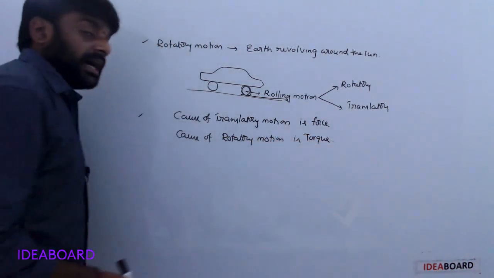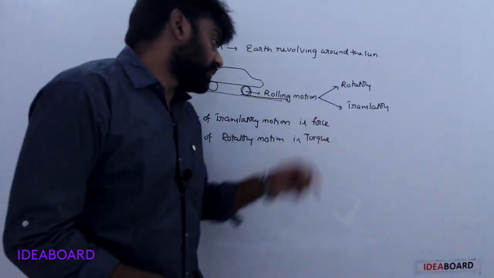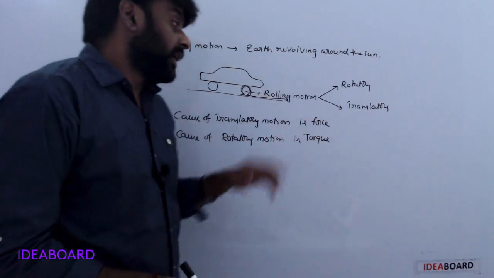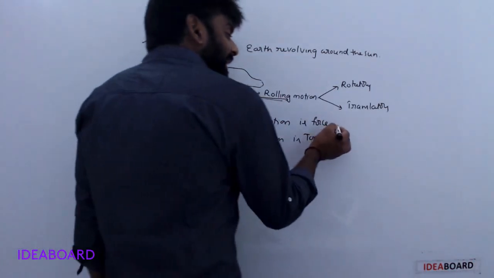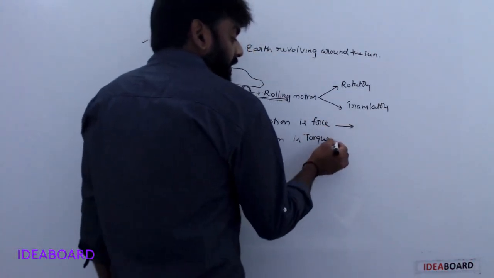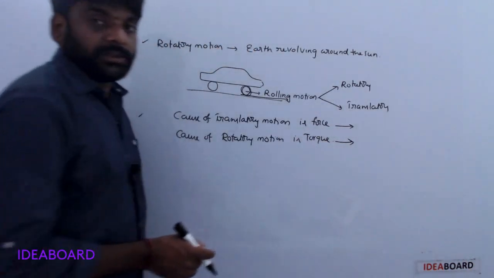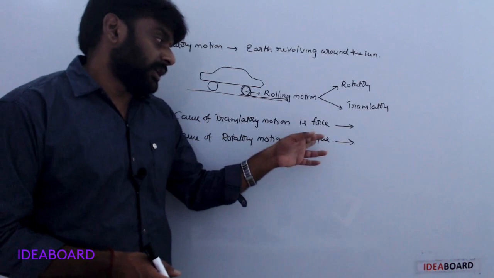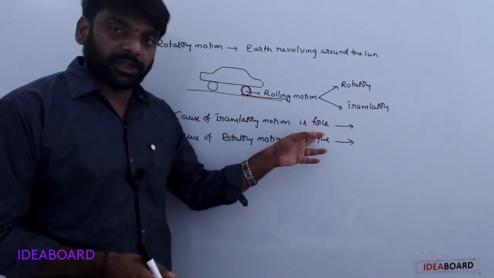Understood? So in linear, force; in rotatory, torque. It plays the key role in linear, and it plays the key role in rotatory. Understood?